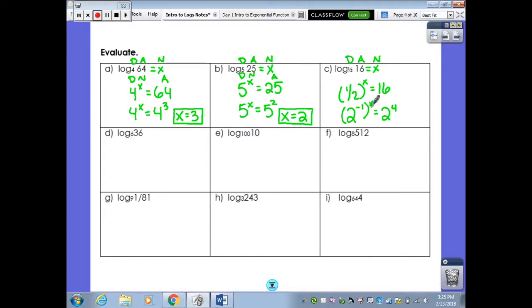Now when we have a power raised to a power, we know we just multiply those powers. So we get 2 to the negative x equals 2 to the 4th. And we get as our final answer, negative x equals 4, which we divide by negative 1, and get x equals 4.